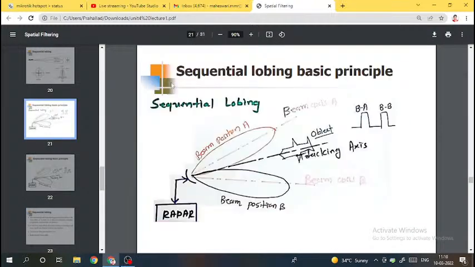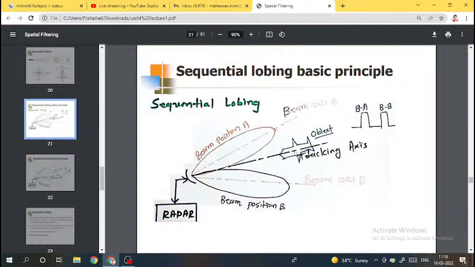Also I'll try to explain in a very detailed way. So this is in a sequential lobing, this is the beam A position, this is the beam B position, this is our radar. So you have the target here, and this is your target axis. So this target axis is along the axis of the switching beam, or the center of the switching beam.